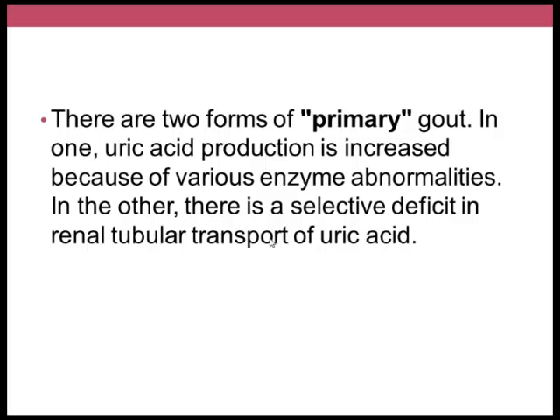In the other form of primary gout, there is selective deficiency in renal tubular transport of uric acid. So two causes can lead to primary gout: either increased production of uric acid or a defect in renal tubular transport of uric acid.